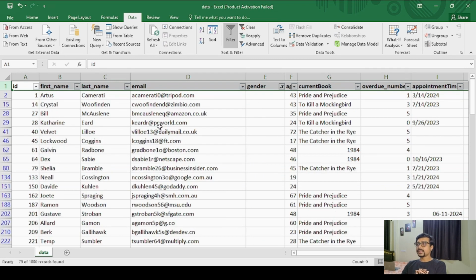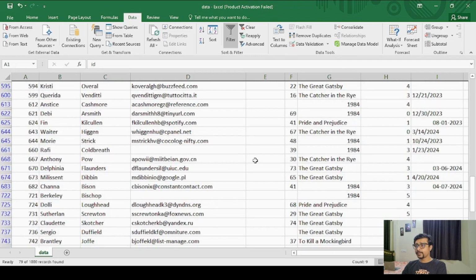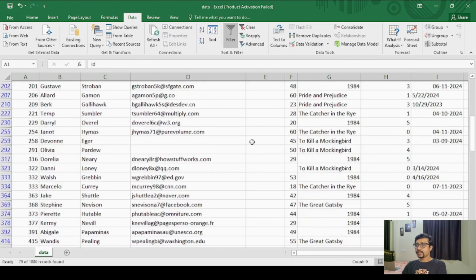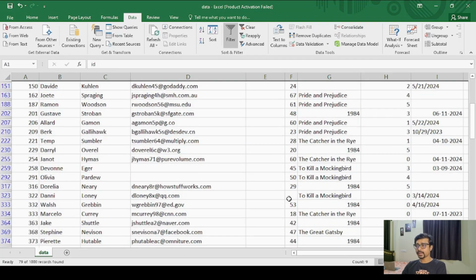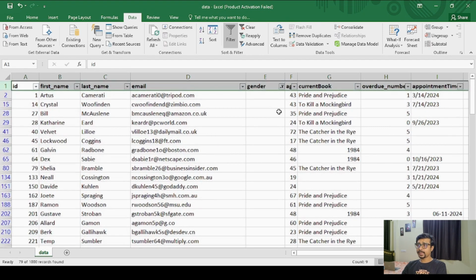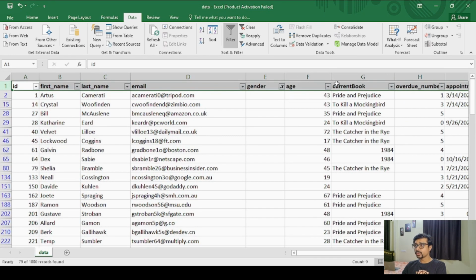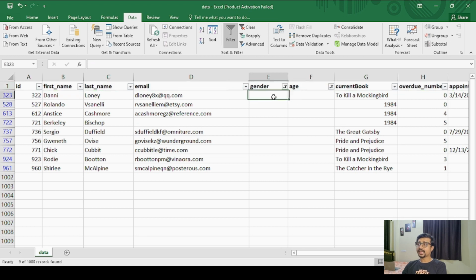And in some cases, gender as well as age are both missing. Some cases where gender is missing is okay, but if I filter the age to only blank ones, you'll see this many records where gender and age both are missing.